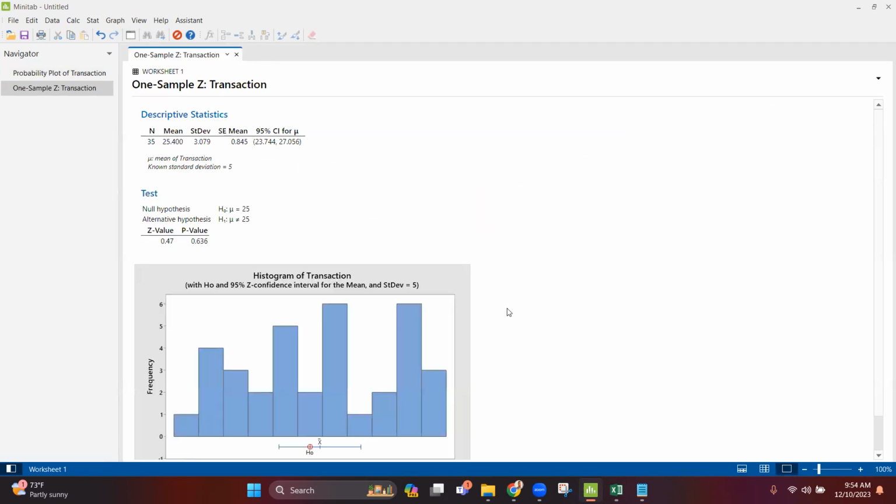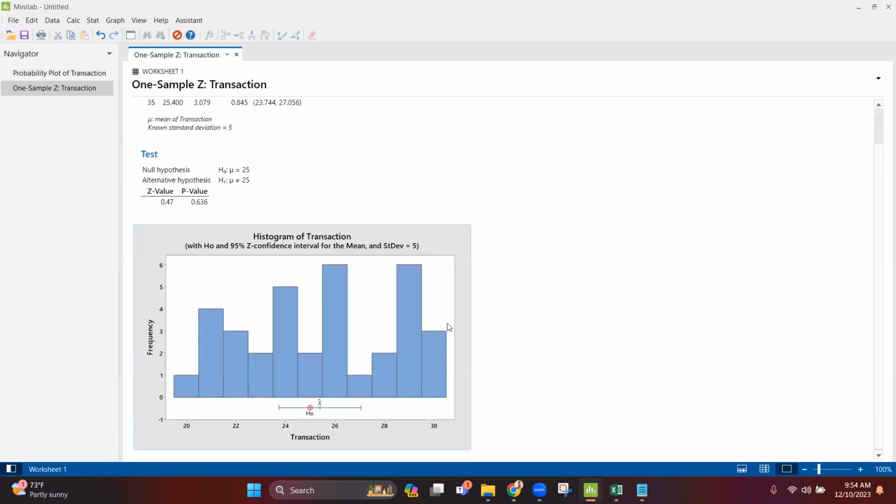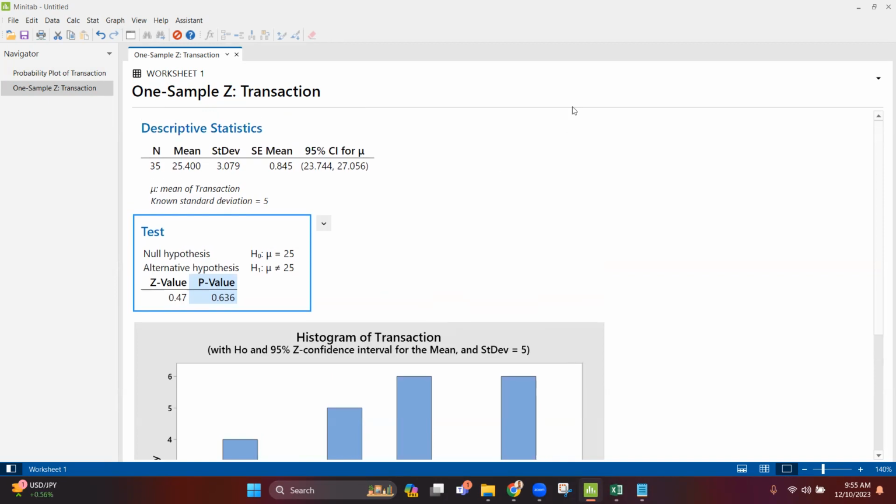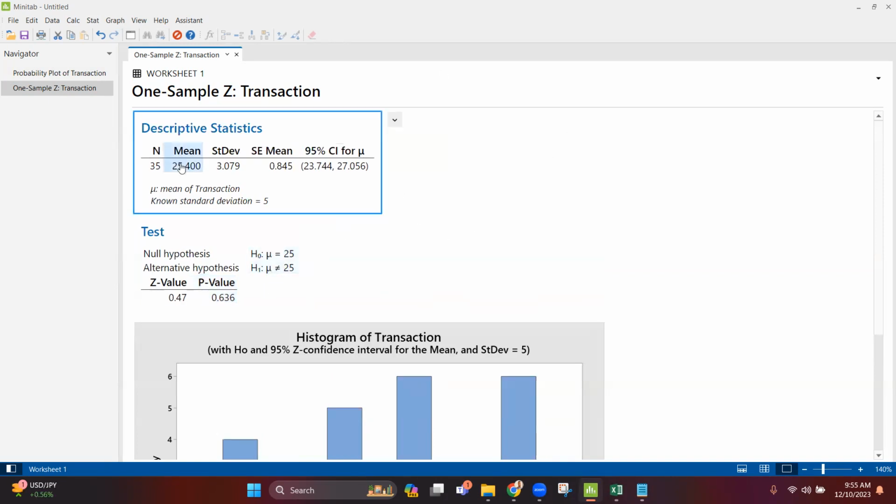Now you look at the data. The very first thing we always see is the p-value. As per this data, my p-value is 0.636, which means the p-value is greater than 0.05. So it's the null hypothesis, and the null hypothesis says there is no difference. Here we are checking the difference between the target value and the actual observation.